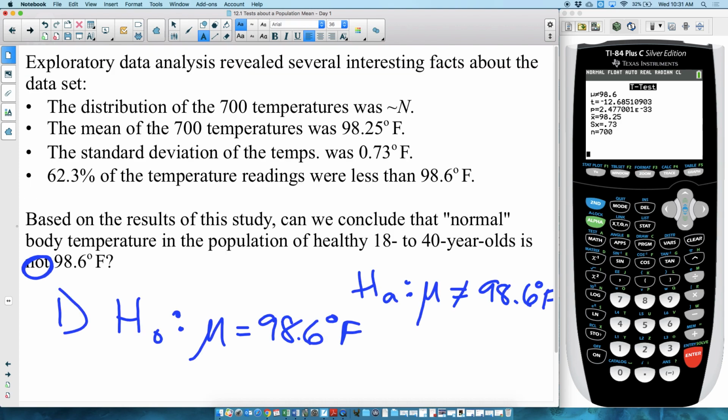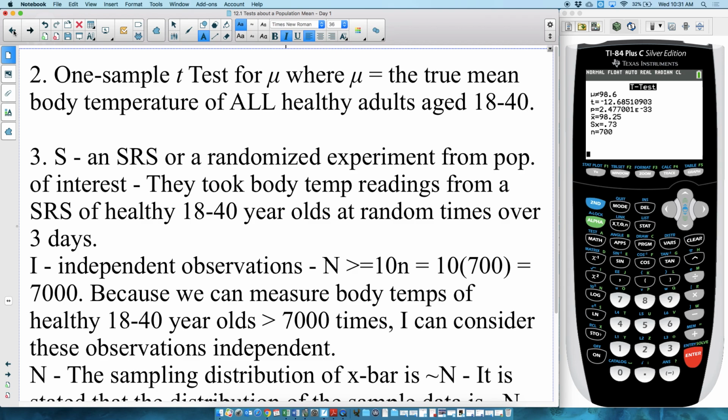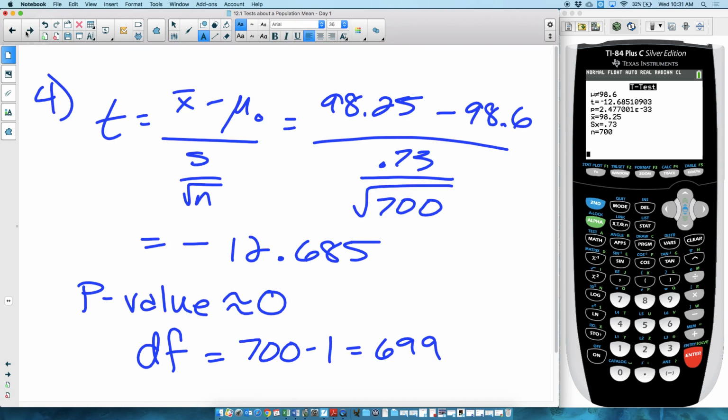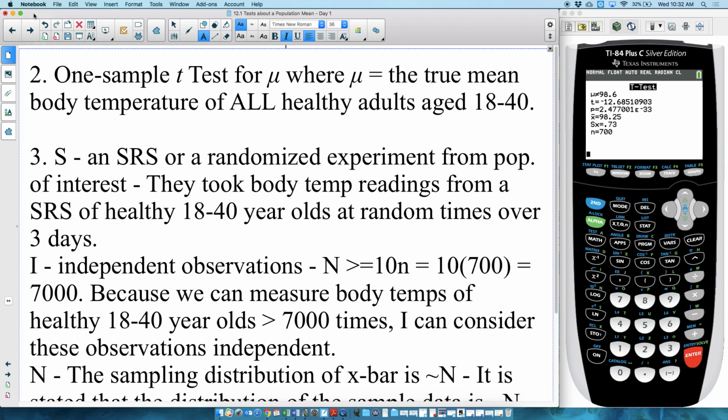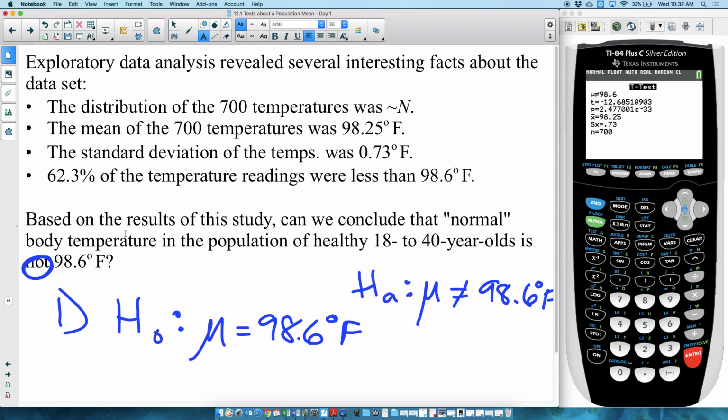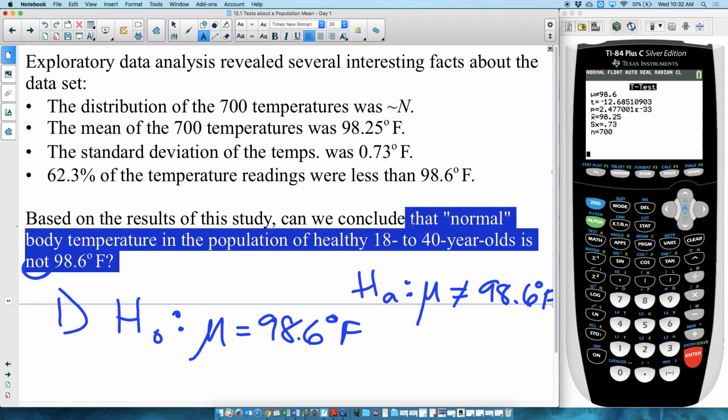Nope. Shoot. I wasn't patient enough. Okay. Copy.